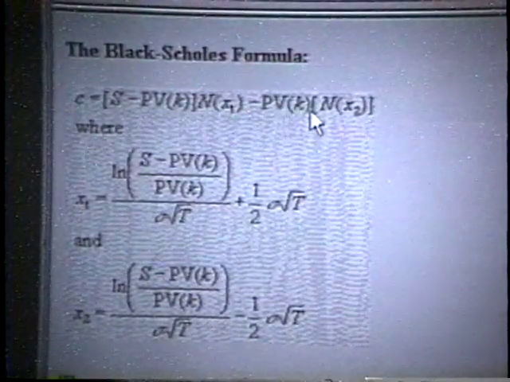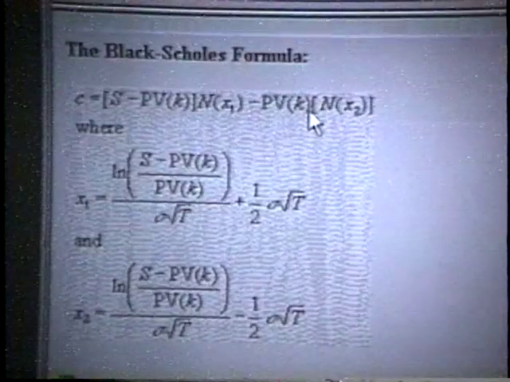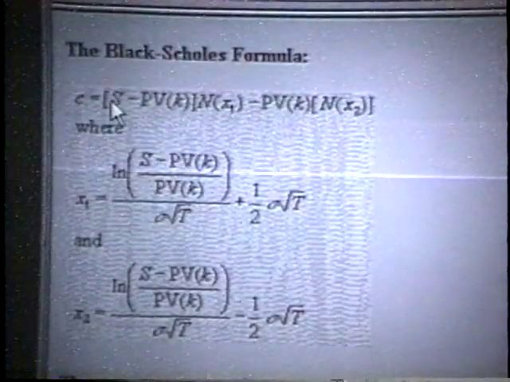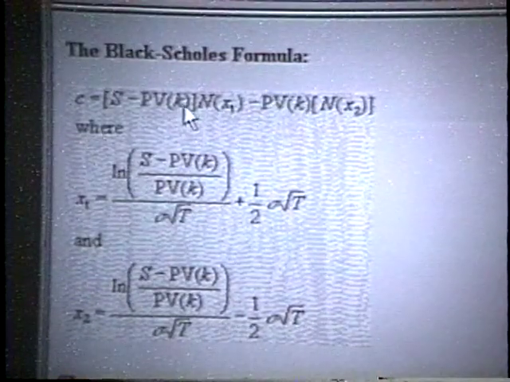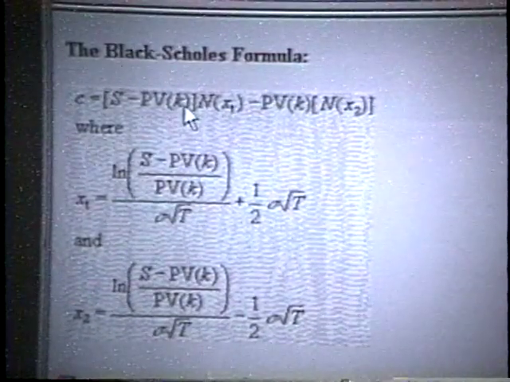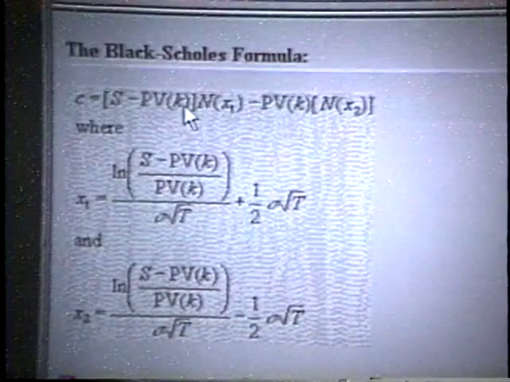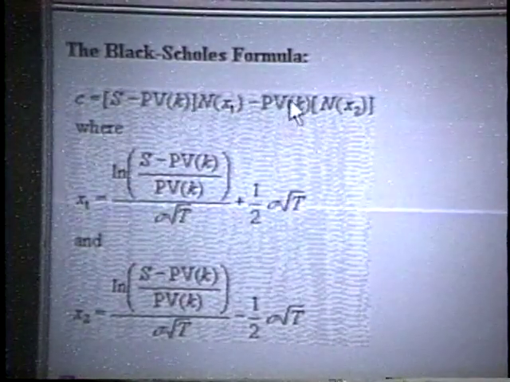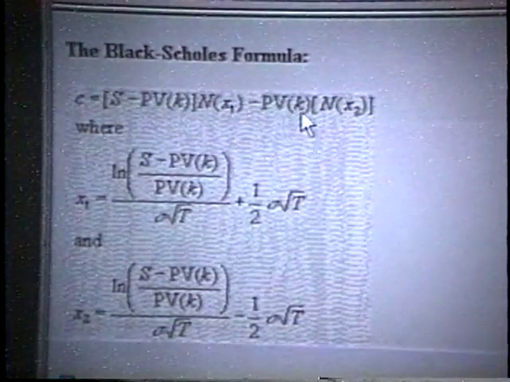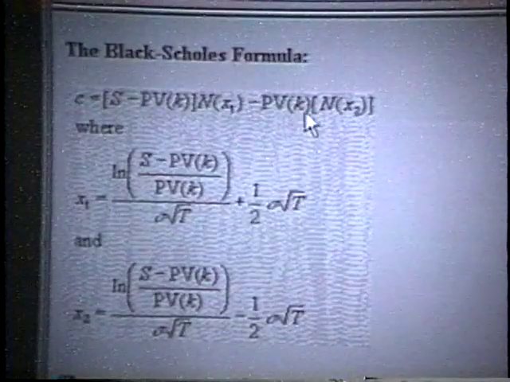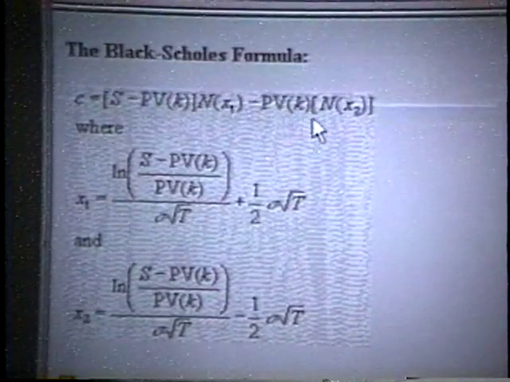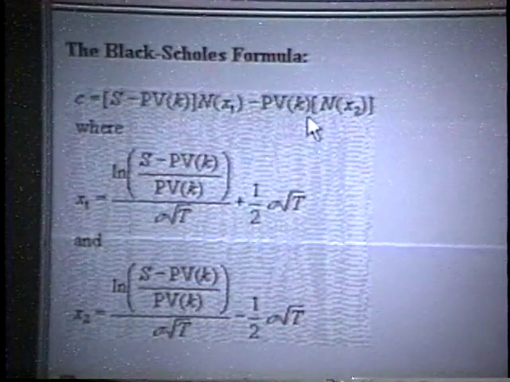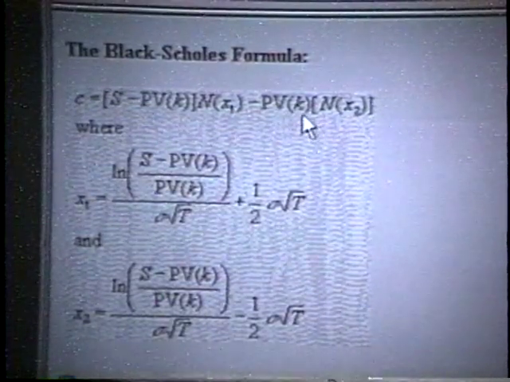Sorry. Now, where it says S minus PBK, that should be S minus PBD. Everybody got that? Apologize. As I said, I had to recreate all of these in a separate graphics package, and it's real pain. And that's one mistake.